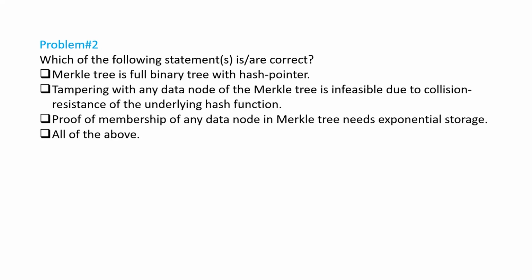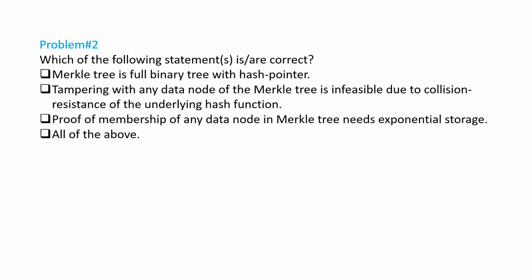If you look at the second option, it says that tampering with any data node of the Merkle tree is infeasible due to collision resistance of the underlying hash function. So what happens basically is that whenever you change any data node of the Merkle tree, then in order to maintain the consistency of the hash value, you need to change the parent node of that corrupted data node as well with the hash value of the corrupted data, right?